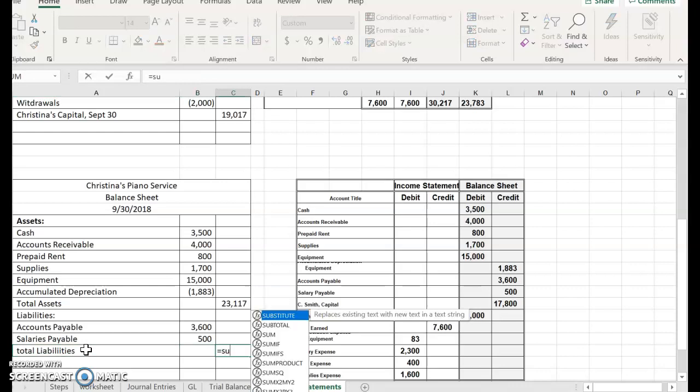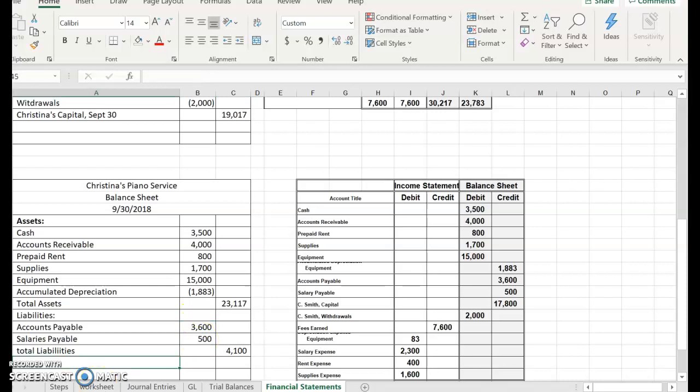And all I'm going to do is sum these two up, and I have my total liabilities. So my capital needs to come from above, and it is 19,017.